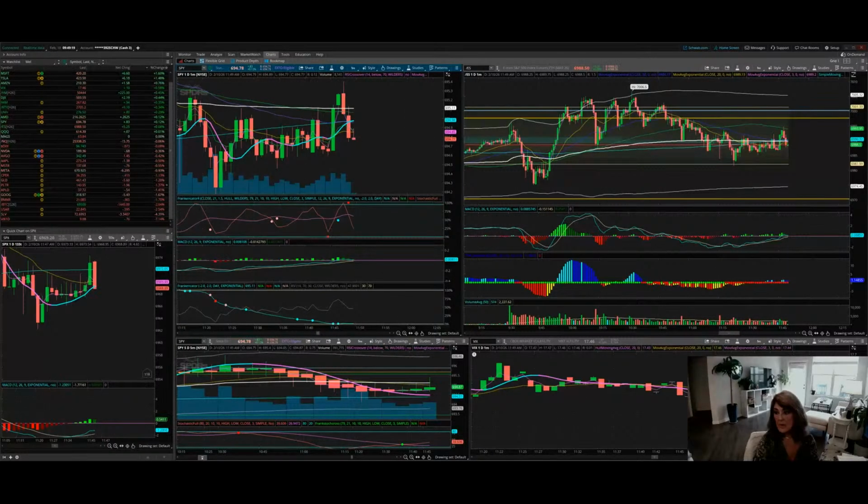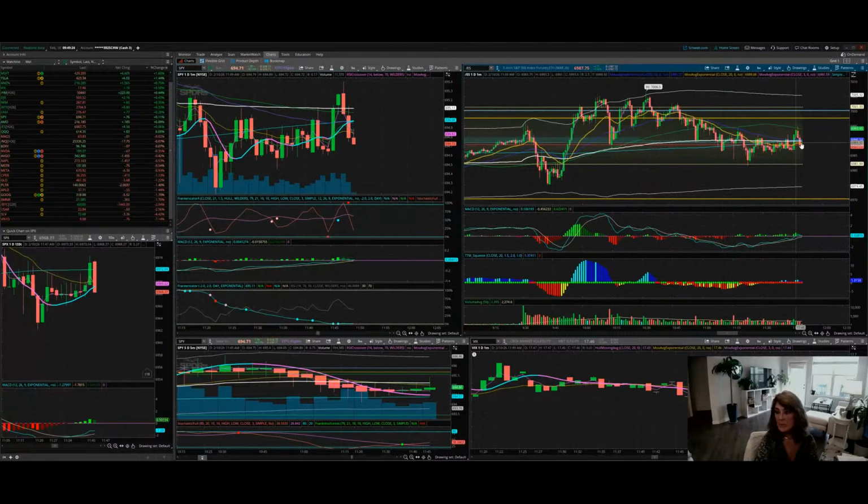So we're still right here in the middle. You can see the range right here. This is where it's been, right in through here. We're getting closer to the bottom of the range.